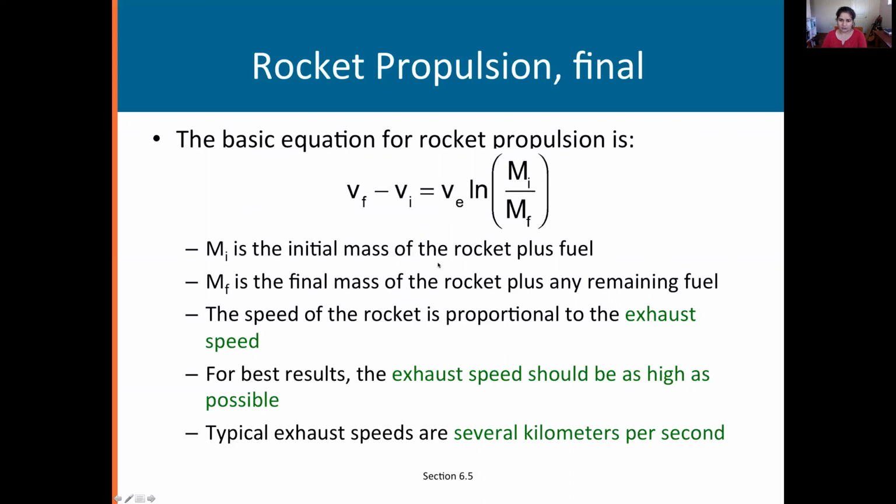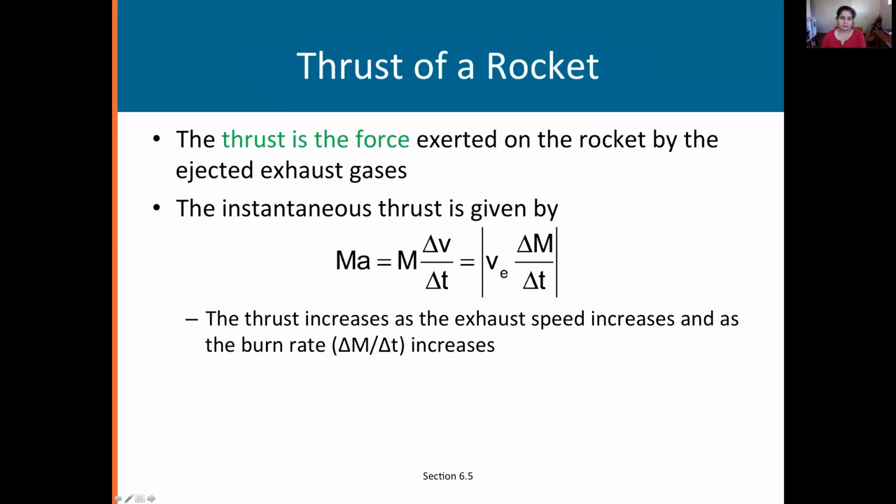So Mi is the initial mass of the rocket plus the fuel. Mf is the final mass of the rocket plus any remaining fuel, depending on what time you're looking at it. So the speed of the rocket is going to be proportional to the exhaust speed here, okay? That's an important thing. And typically, this is of the order of several kilometers per second. So 10 to the power 3 meters per second.